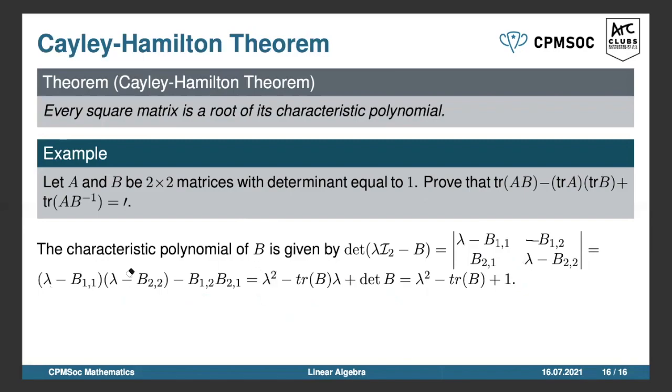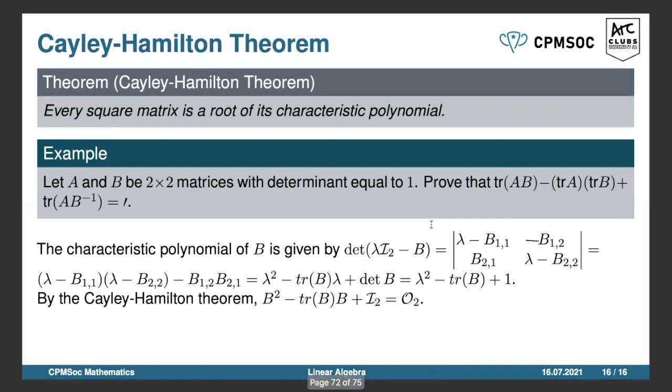And if we continue with this, we'll apply the Cayley-Hamilton theorem here. We'll plug B into this characteristic polynomial, and we know that the characteristic polynomial of B evaluated on B is going to be the zero matrix. And rather than a 1 here, we interpret this as the identity matrix.